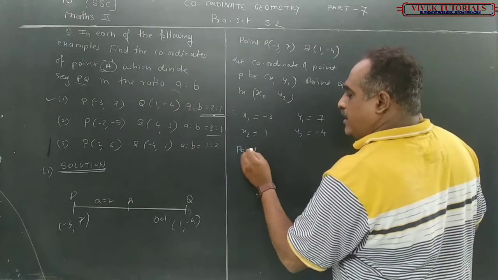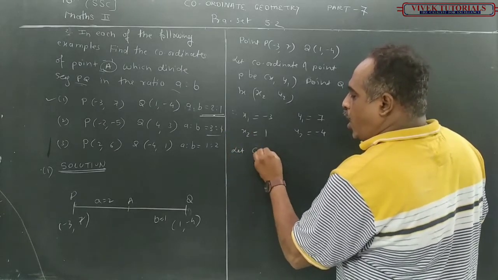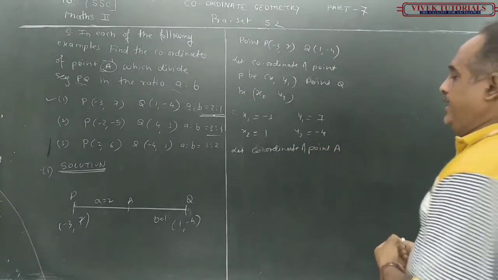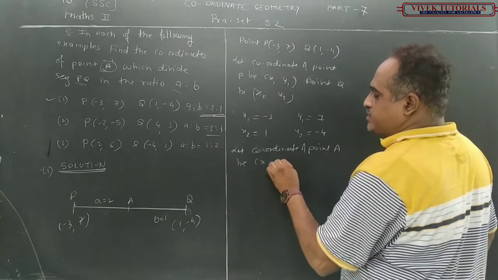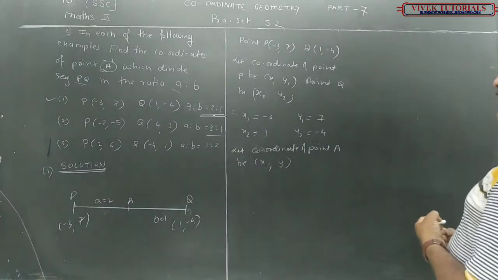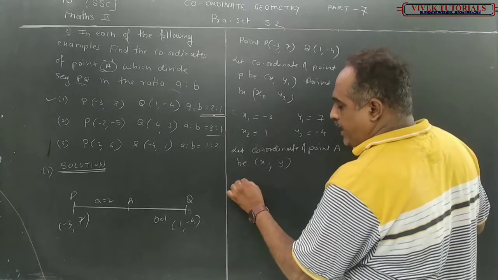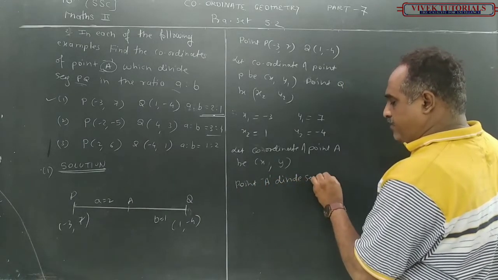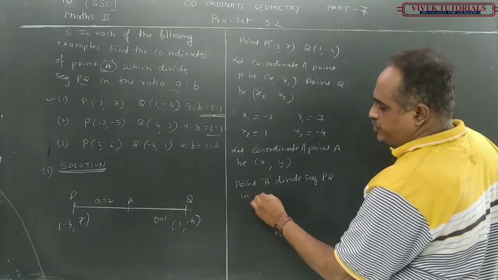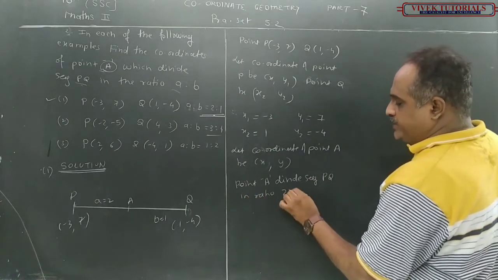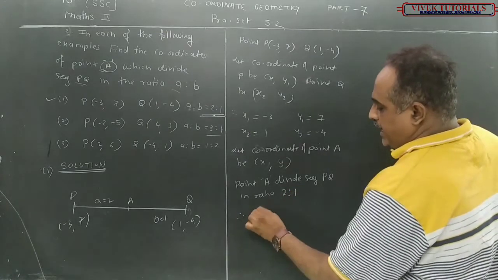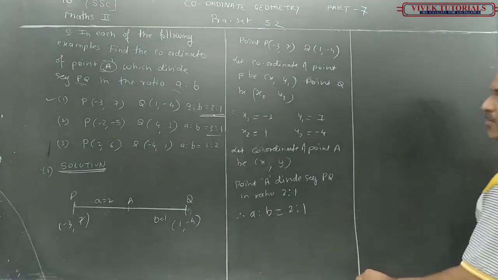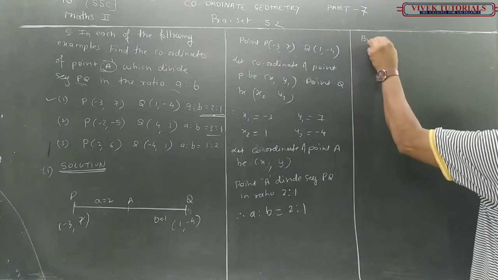Point A: let the coordinates of point A be x, y, and point A divides segment PQ in the ratio 2:1. Therefore, a is to b is equal to 2:1.